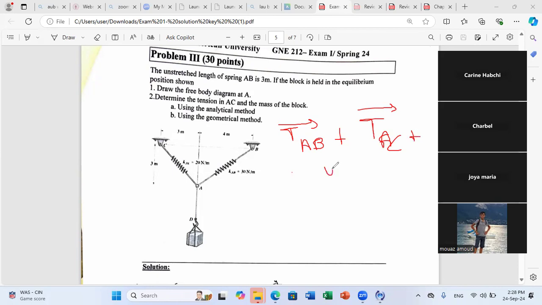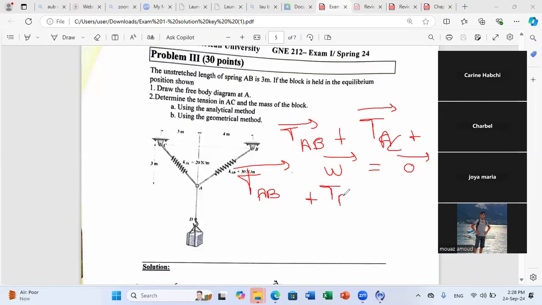If you take the weight to the other side, what can you say? If I take W to the other side of the equation, I can say that TAB vector plus TAC vector is minus W. So all I have to do is to draw the triangle of vectors.